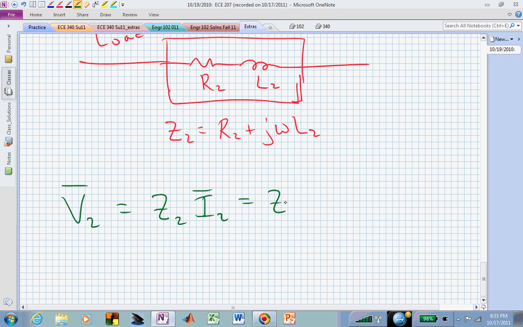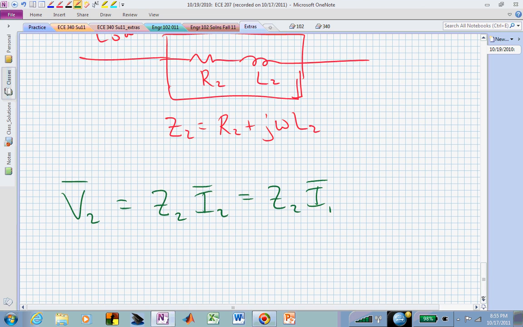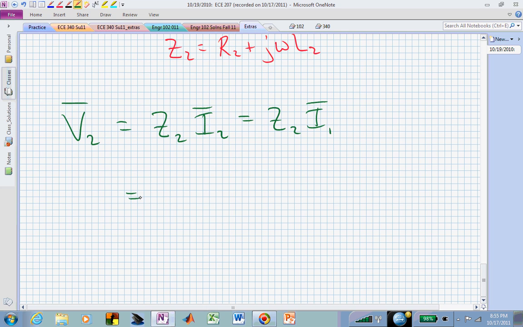But because of the series connection, this is now just Z sub 2 times I sub 1. Now we have that Z sub 2 is 0.1 times I sub 1 bar, which is this 249.1 at an angle of minus 31.8 degrees.